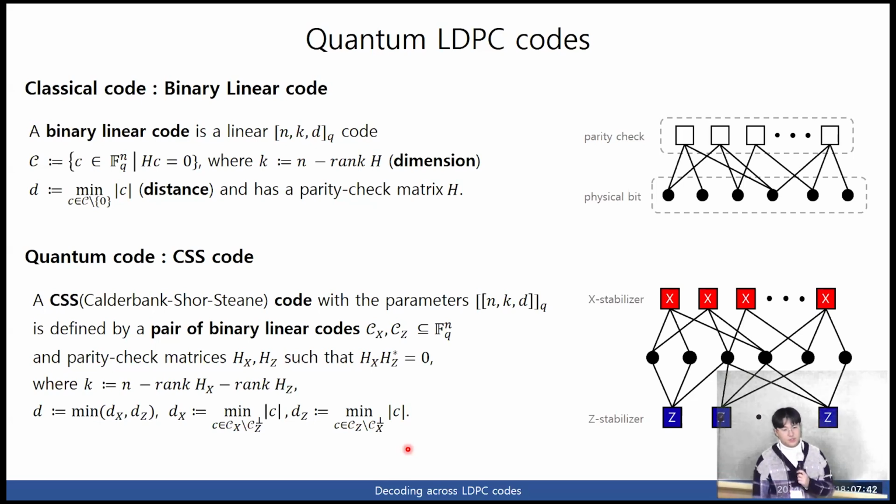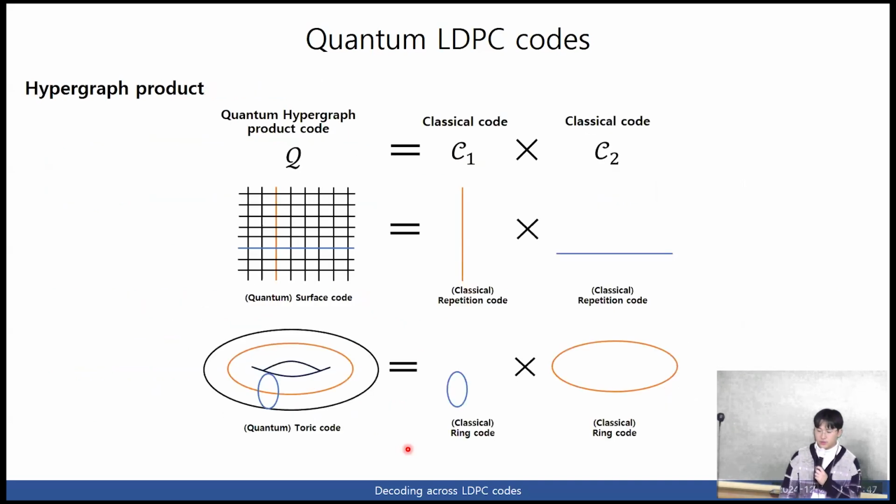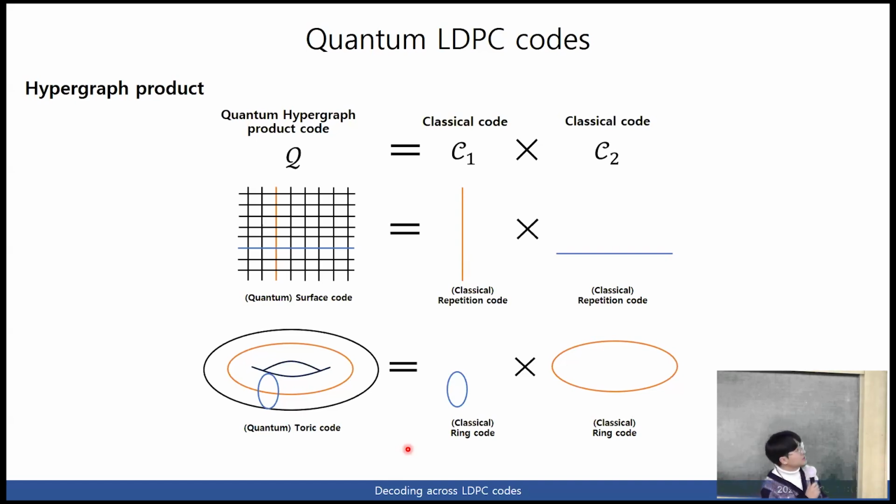So we have the definition, but how do we construct a quantum code? The construction is done by the hypergraph product. The hypergraph product looks something like this. We take two classical codes, take a product, and get a quantum code.